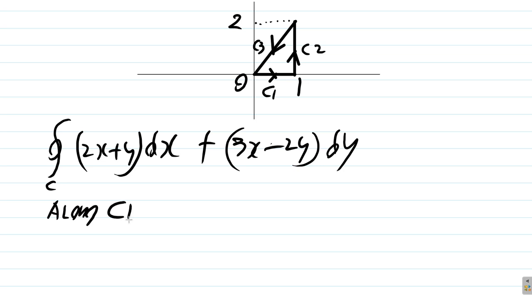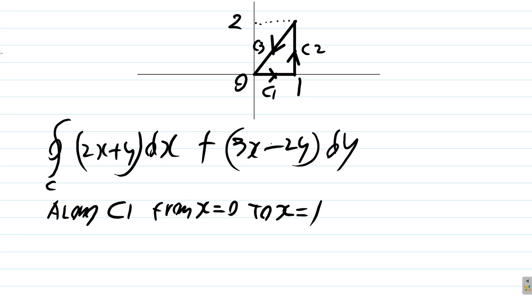Now, going along C1 from x equals 0 to x equals 1. So you see from here to here, right? Now this is what you would do if you are asked in an exam to do this using direct line integration. But as I said in a previous video, probably it's just Green's theorem that you would be asked.